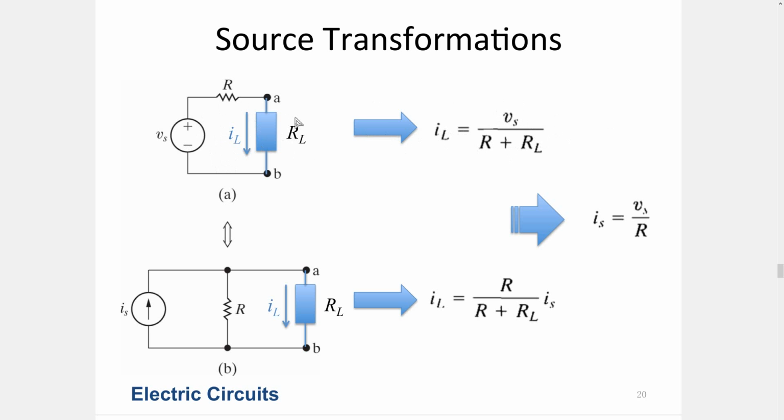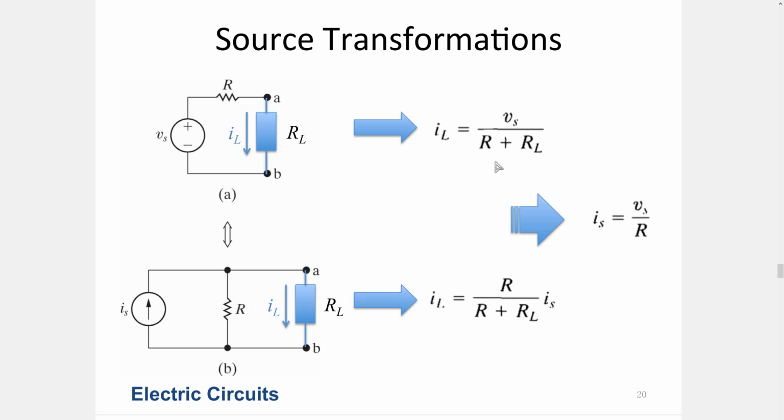Now, since the two circuits are equivalent, if I put them into a box and only terminals A and B can be observed, they have to behave the same way. In the second circuit, IL should be R over R plus RL times Is, because it's basically a current divider, so I can know its value.